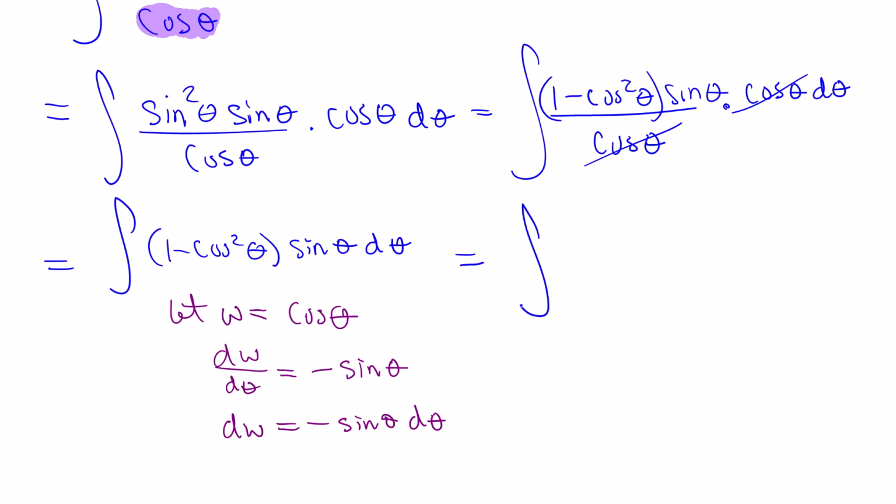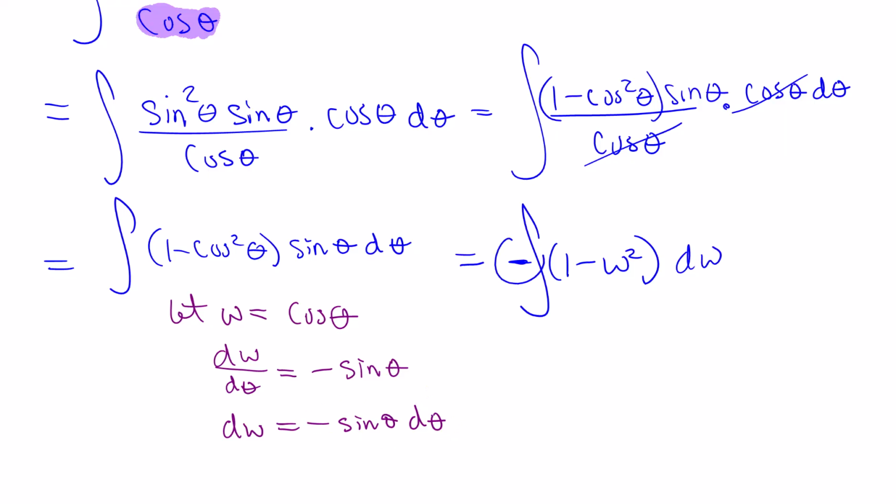After using this substitution, we now really just have 1 minus w squared in parentheses instead of the 1 minus cosine theta squared. And then after it, we have, instead of sine theta d theta, we know we're off by a negative sign, but we can easily fix that. So I can throw a negative sign out in front of our integral in this last step I'm on here, since dw was replacing negative sine theta.